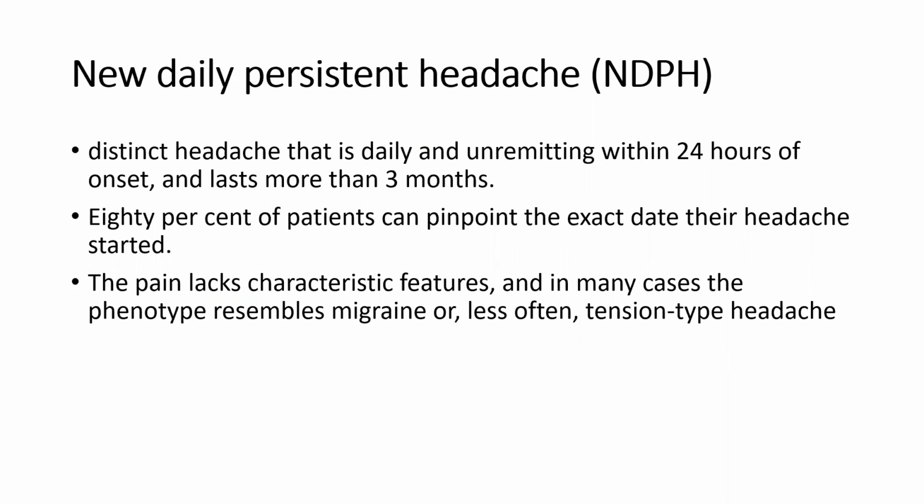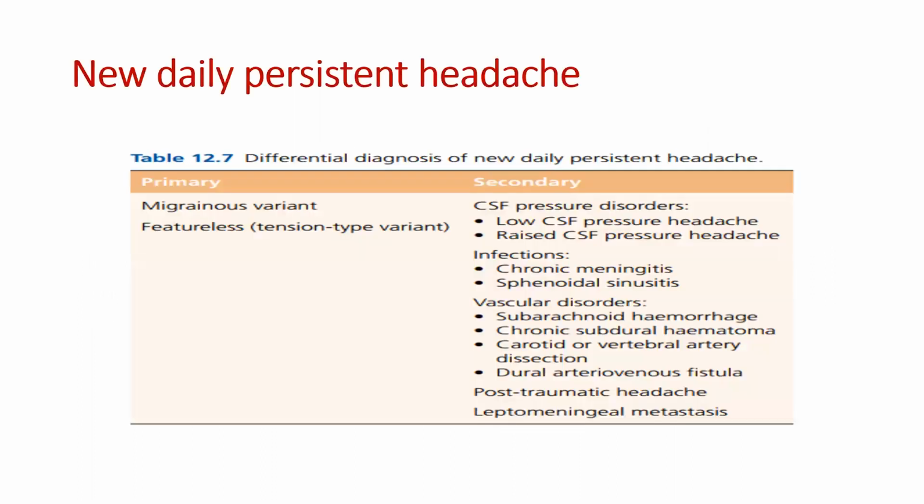In most cases, the patient will say, I have had this headache since, suppose, the 15th of January. He can say the exact date of the headache. So this is an important clue. You can think it could be a new daily persistent headache.